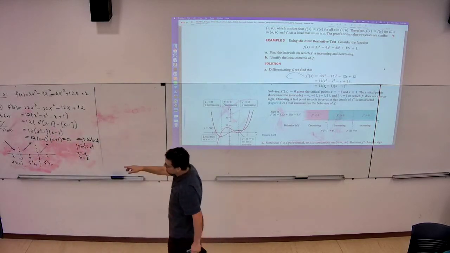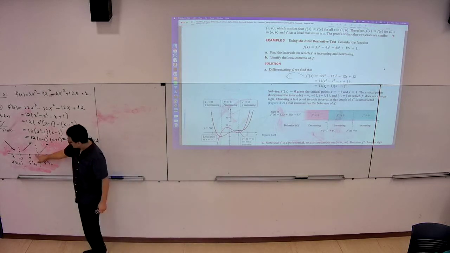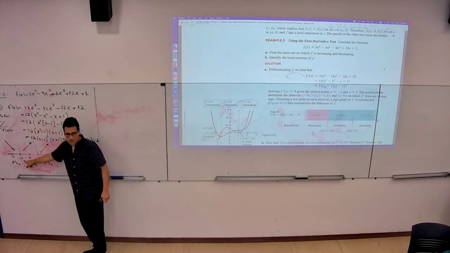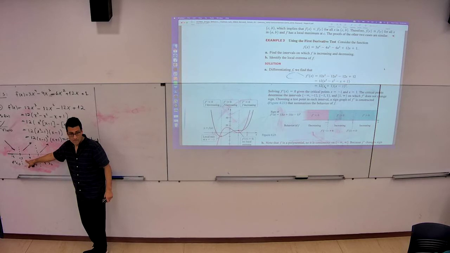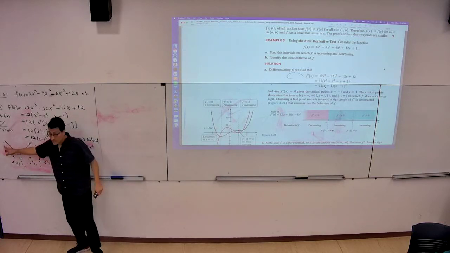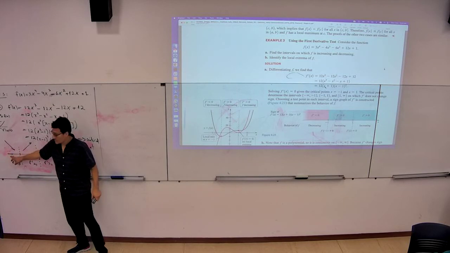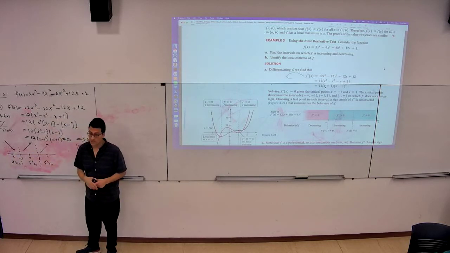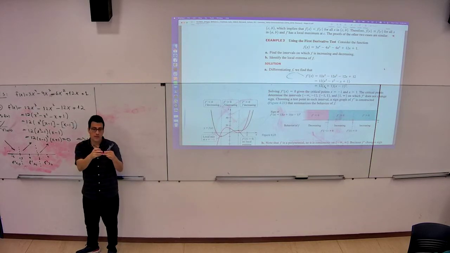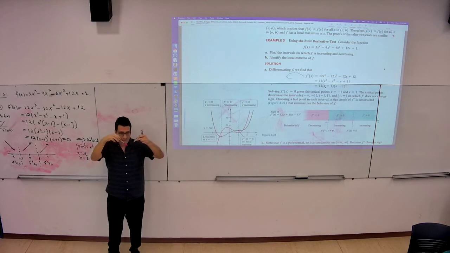Alright, so at that point, x equals -1 is a local minimum by the theorem, because from the left you are decreasing, from the right you are increasing, and the function is differentiable and continuous. So the two branches match at that point. They are not discontinuous.